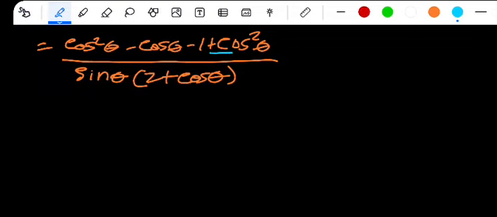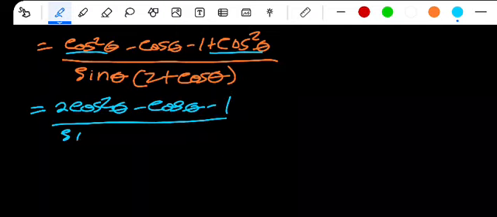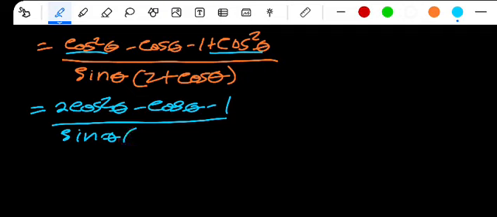If I add those two, we'll have 2 cos squared theta minus cos theta minus 1, divided by sine theta into 2 plus cos theta.